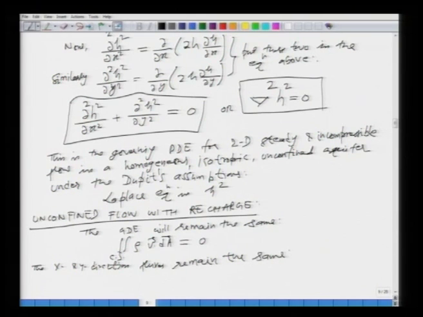And then there will be an additional mass flux which we need to consider, the additional mass flux in the z direction.